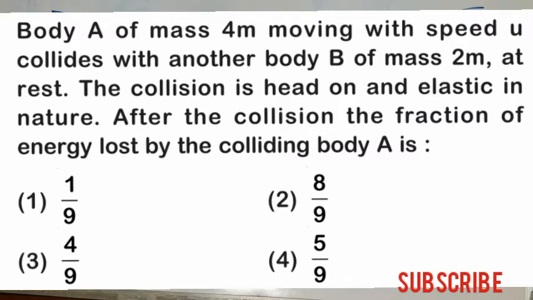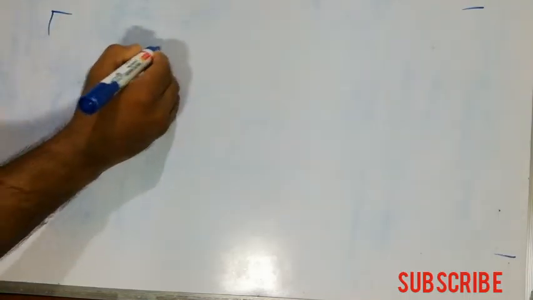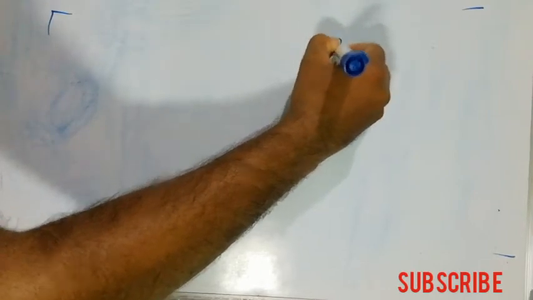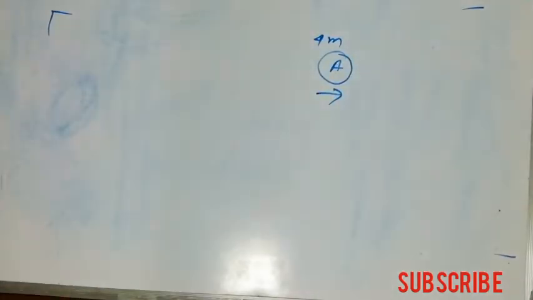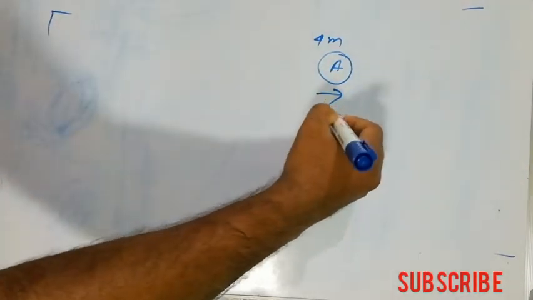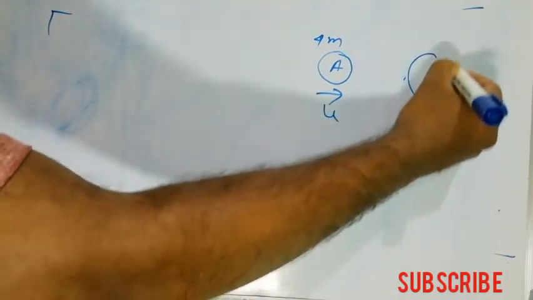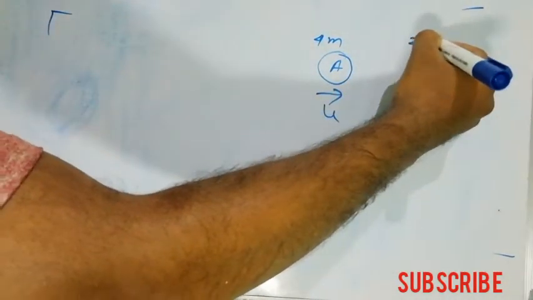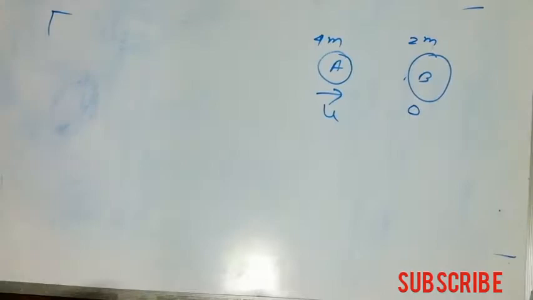So here you have a body of mass 4m moving with a velocity u. It collides with another body B of mass 2m. It was initially at rest.